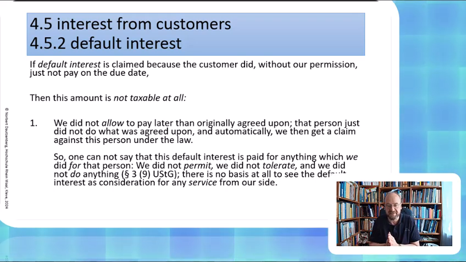That person just did not do what was agreed upon, and automatically then we get a damage claim for compensation of our financial damages due to the delay. We did not permit the later payment, we did not tolerate it, and we did not actively do anything. So there is no reason why we could see this as a service.